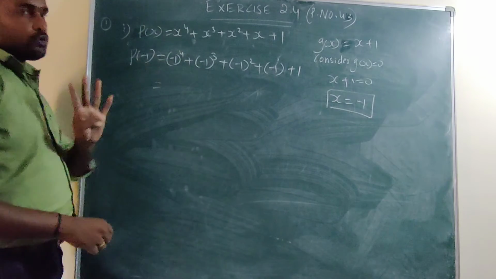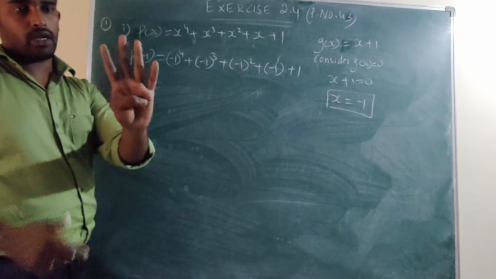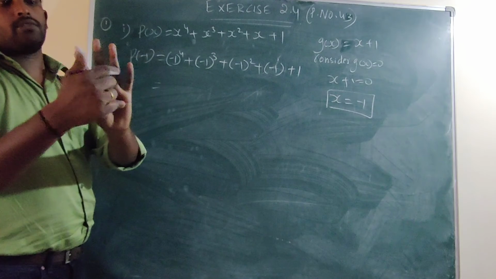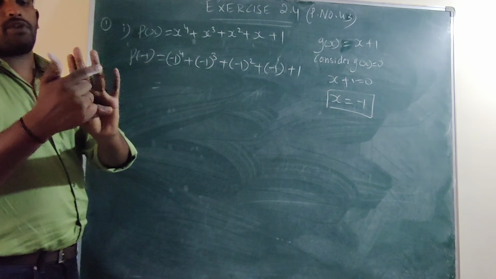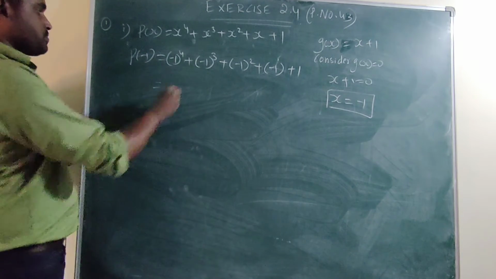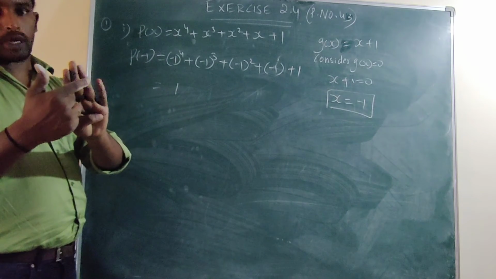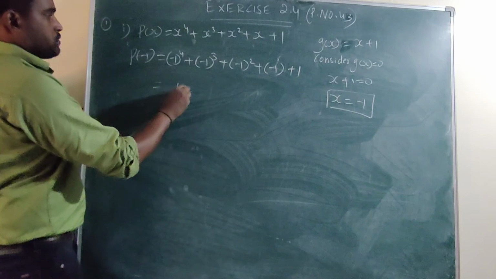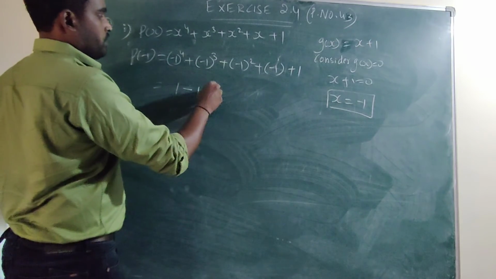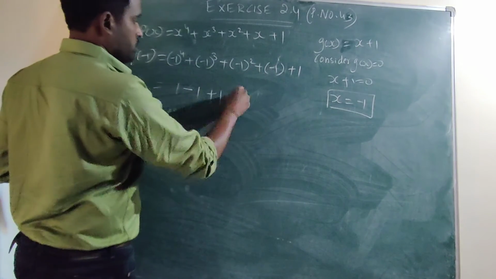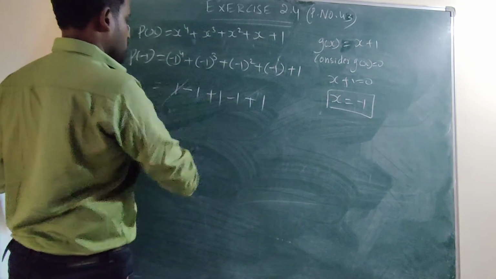Minus 1 to the power 4 means 4 times you have to write 1. 1, 1, 1, 1 with minus signs. 1 into 1 is 1, 1 into 1 is 1. Sign, minus into minus plus, plus into minus minus, minus into minus plus 1. Here plus 1, here minus 1, here plus 1, here minus 1, plus 1.